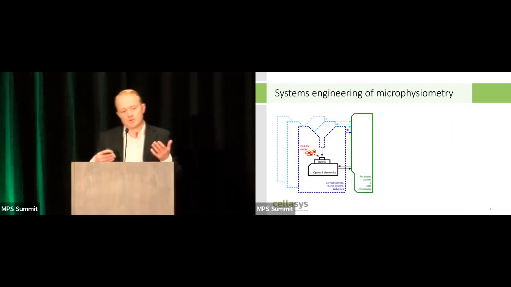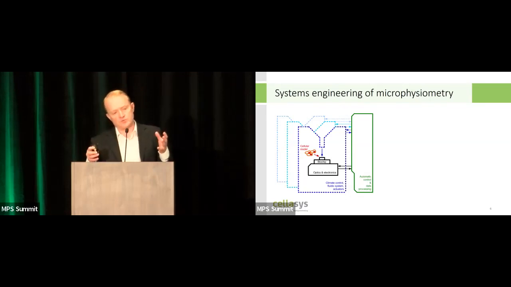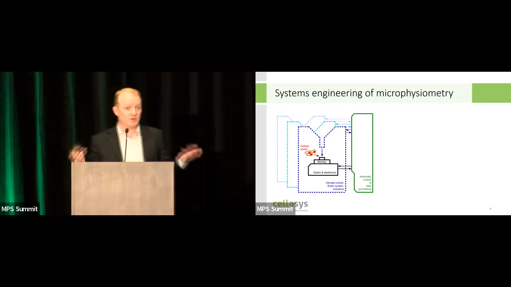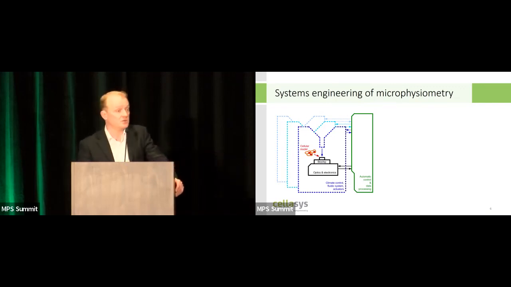So that is the core of our talk: a systems engineering approach to the systems that we have here. The cellular model is always in the center. We have hundreds of cellular models available, and they are always interfaced by a biochip for readout, which is connected to optics or electronics.